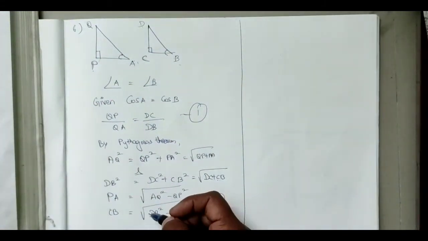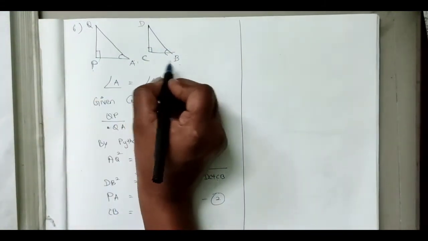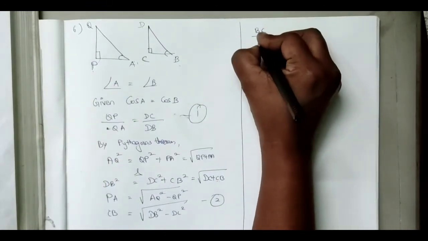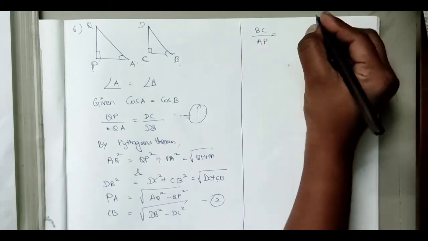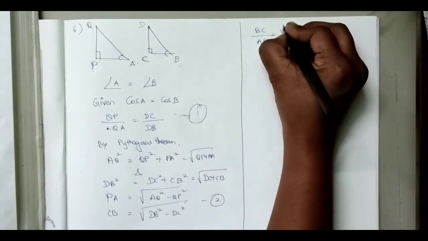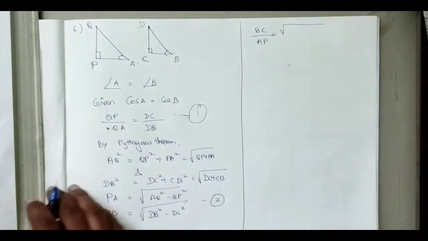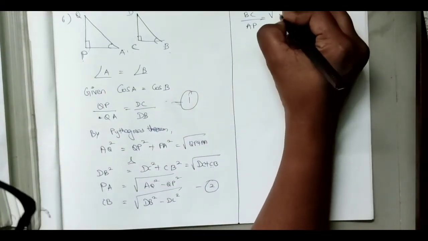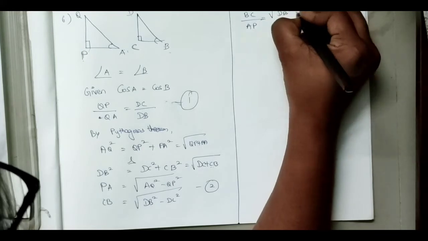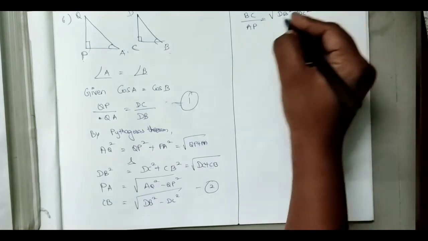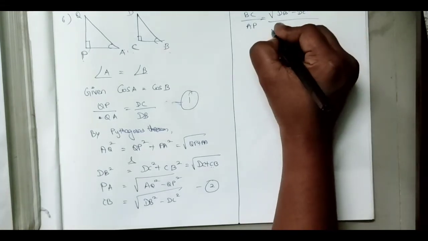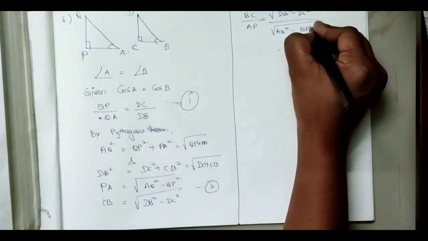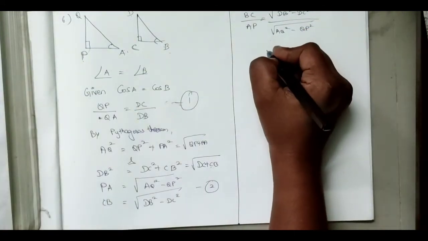So when we divide BC by AB, what we get is root of DB squared minus DC squared divided by root of AQ squared minus QP squared.